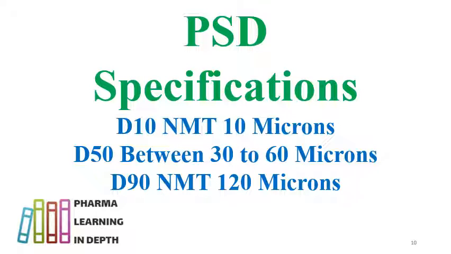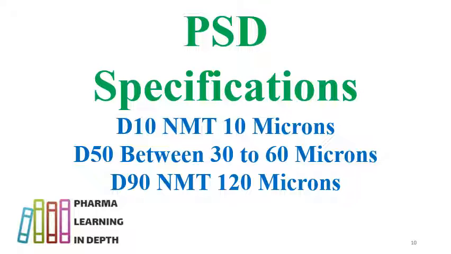Always have a good understanding about wide PSD specifications and narrow PSD specifications. If you give too narrow a specification, your analytical method may be variable and not capable of getting the result within that range, and then your API may fail in the initial analysis.